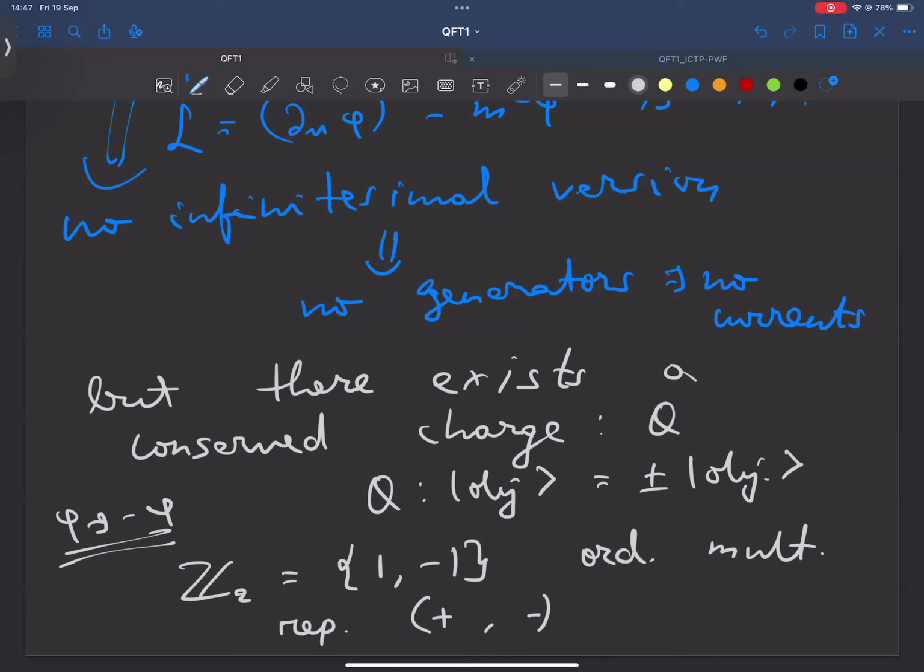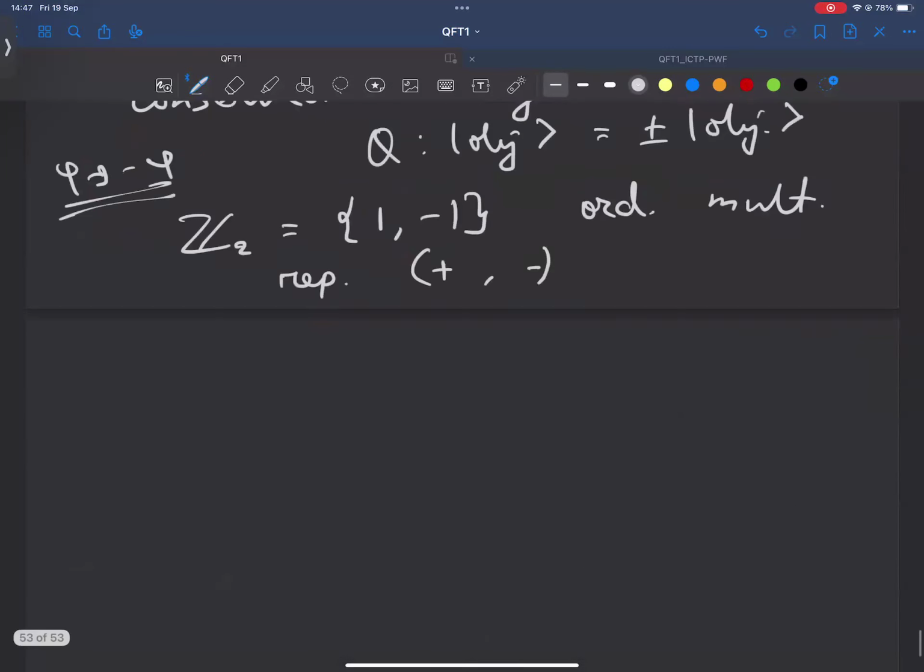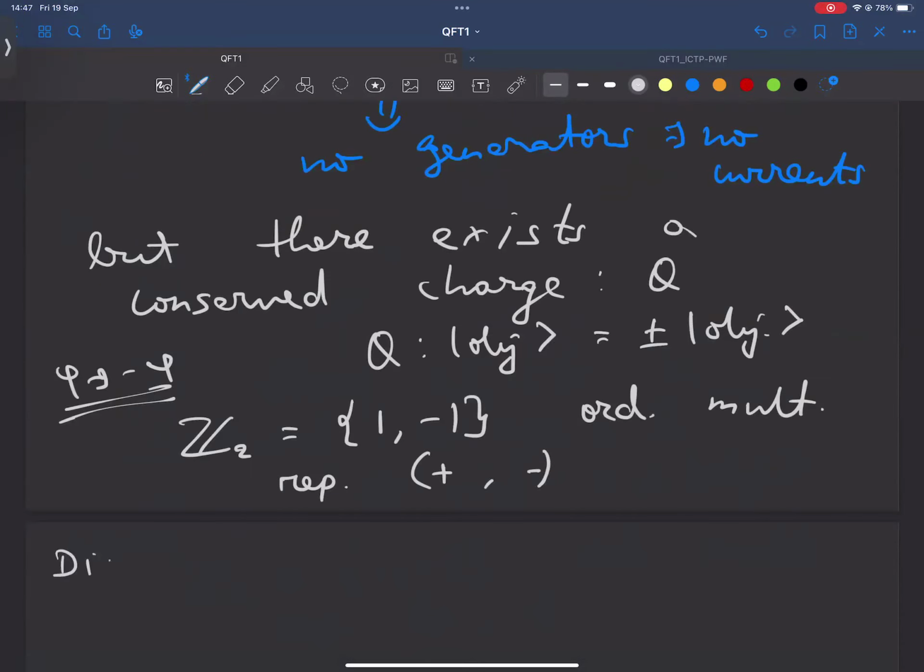As you see, this is a discrete case, so you don't have any current, but you still have a concept of charge. So this is one of the reasons why I said that Noether's theorem only works for symmetries which are continuous, but in nature we also have discrete symmetries like this, and we had also seen discrete space-time symmetries earlier.